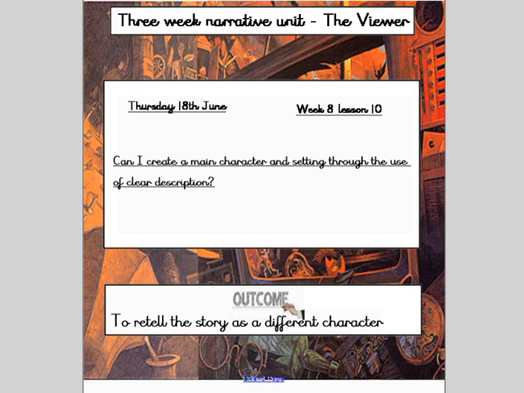Okay, so building on yesterday's lesson where you started to put together a bit of a plan, you've taken the story that we've read, the viewer, and we've looked at the key points.